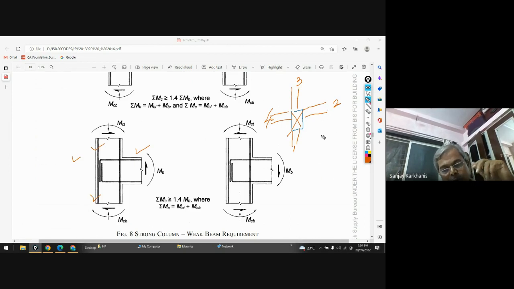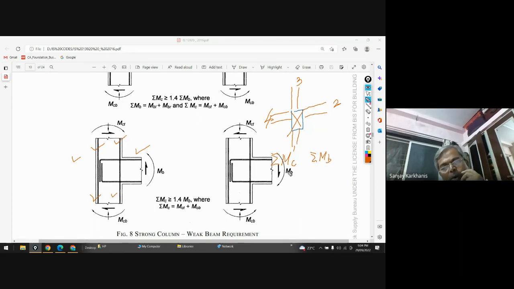So the moment or strength of the beams will be sigma MB, that is 1, 2, 3, 4. Okay, this is MB, and this is the moment at the joint of the bottom column and top column.